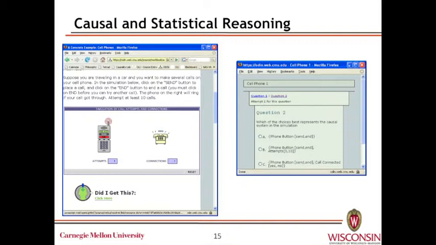So a bunch of us got together in the late 90s and early 2000s and built a whole semester course on causal reasoning to teach causal graphs, right?